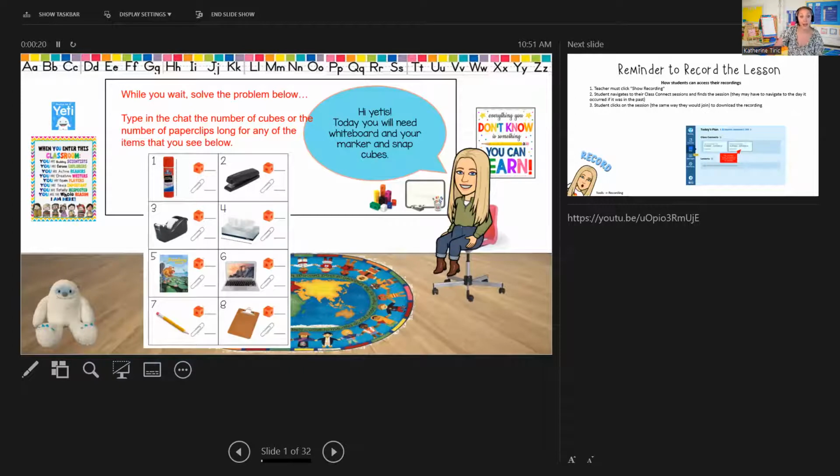And you can write down the measurements. You can choose either paper clips, how long or how tall the item is, or you could use snap cubes to measure. So if you don't have all these items, just get a few of them, or you can do all of them if you want and measure them. Okay, so press pause now to do the activity.